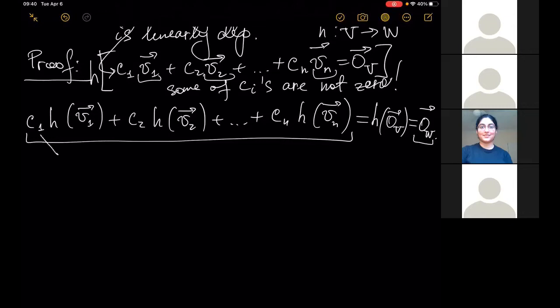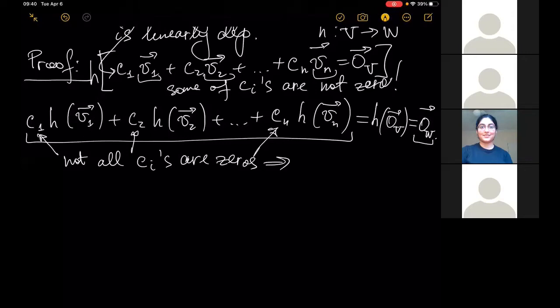And we know that not all c_i's are zeros, right? Then correspondingly, we get that H(v1), ..., H(vn) are linearly dependent.